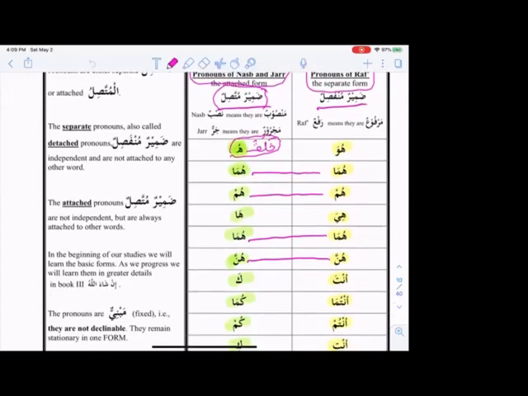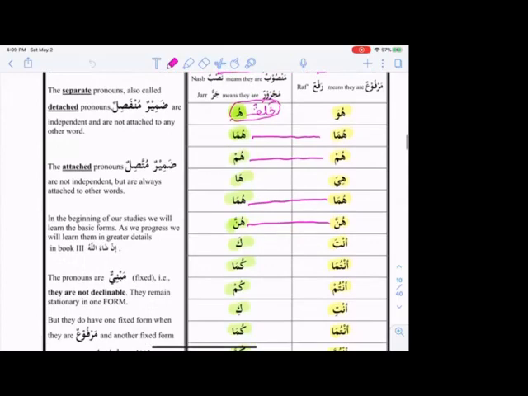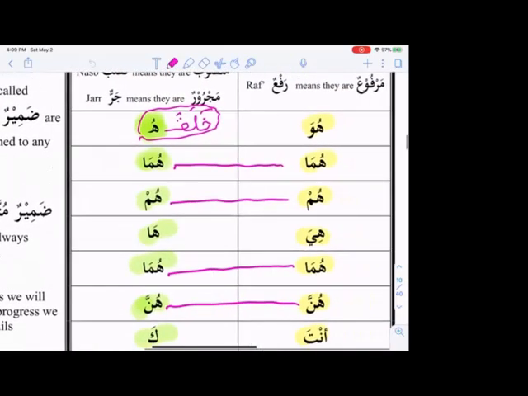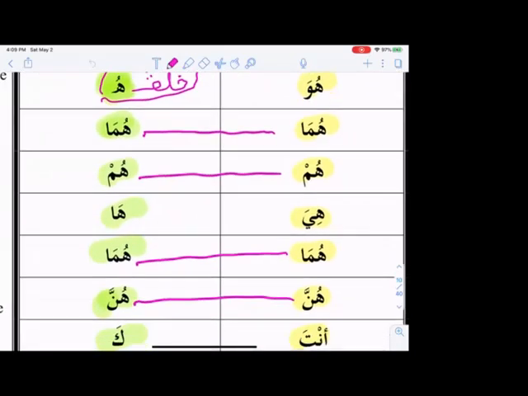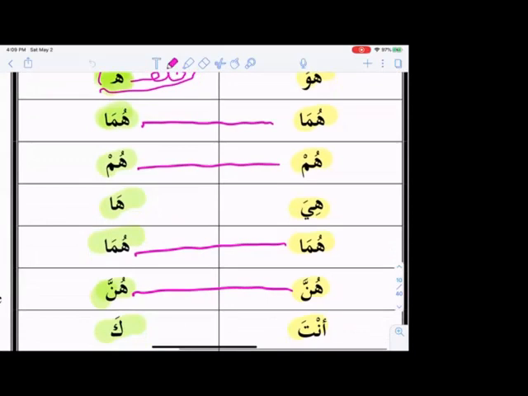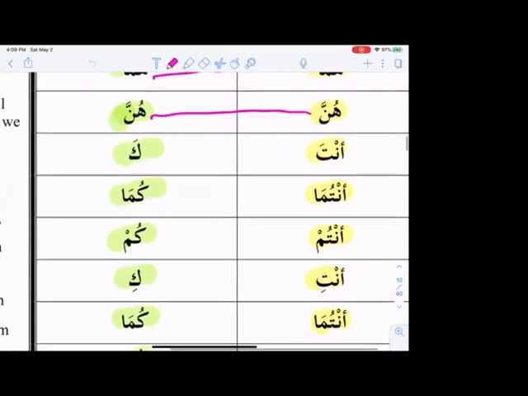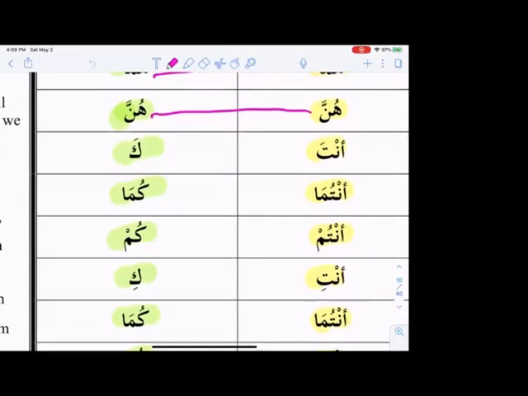My brothers and sisters, can you see here on this page? Okay, I will sing for you. Huwa huma hum, hiya huma hunna.